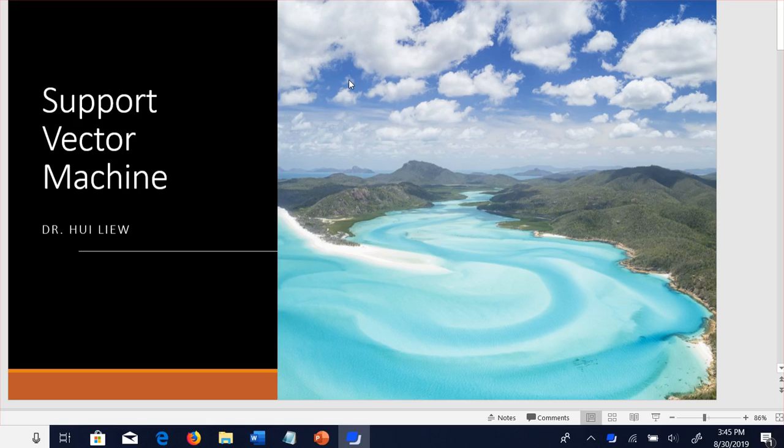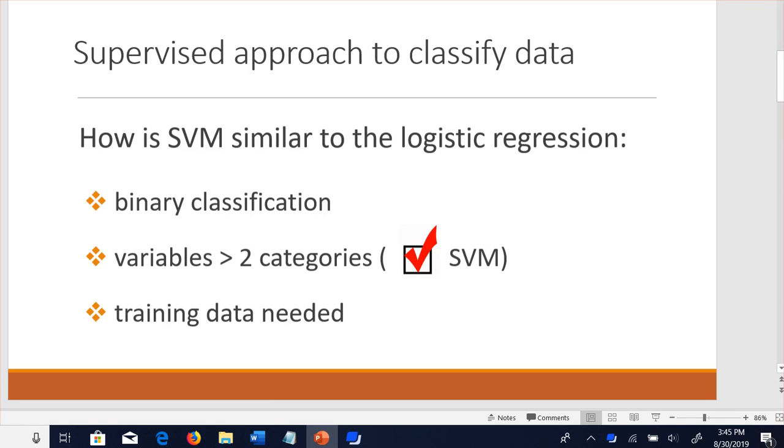I'm going to briefly explain what a support vector machine is. Both logistic regression and support vector machine are supervised ways to classify data. Both involve binary classification of the dependent variable.